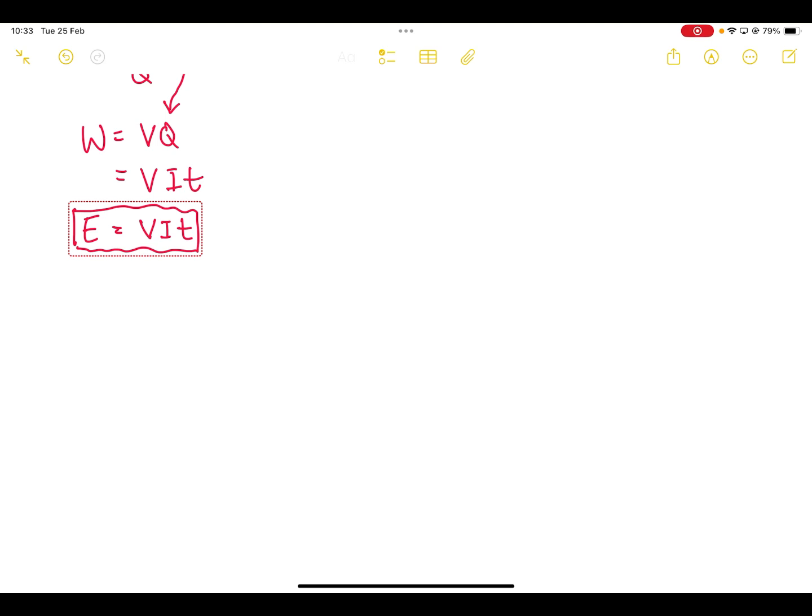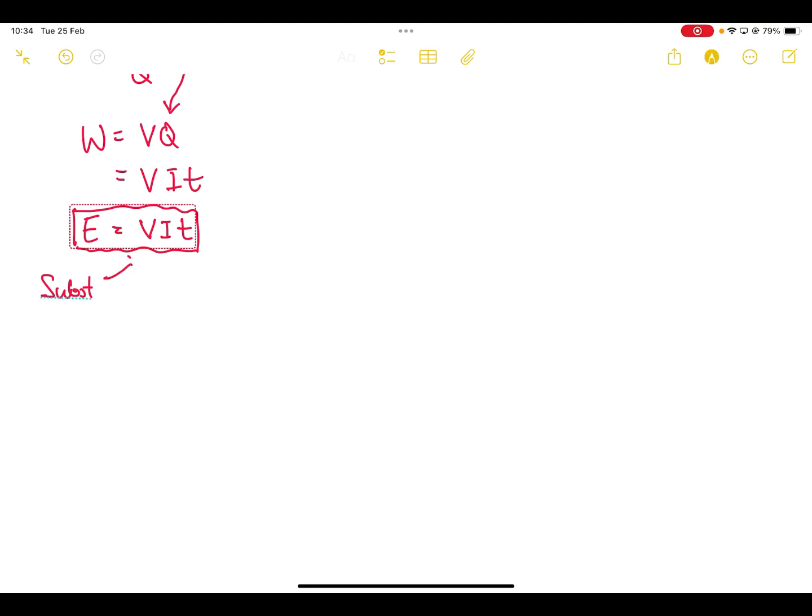So let's say we are not given voltage. We are given only current and resistance. Then how do we use this formula? Of course, we can use V equals I times R to find V and then plug in this formula. But it's more convenient if we know the formula that we can sub in straight away.